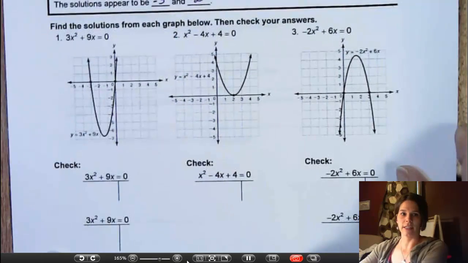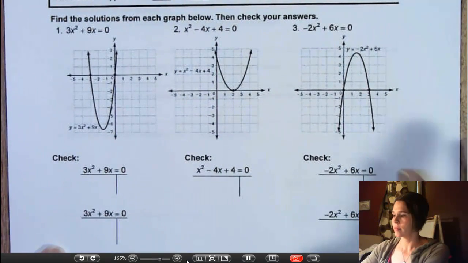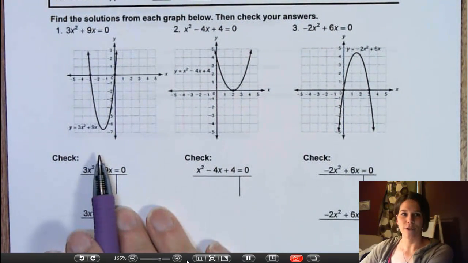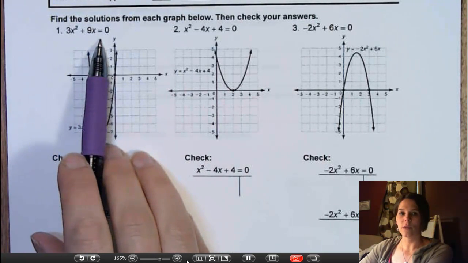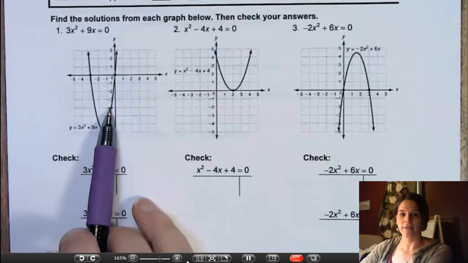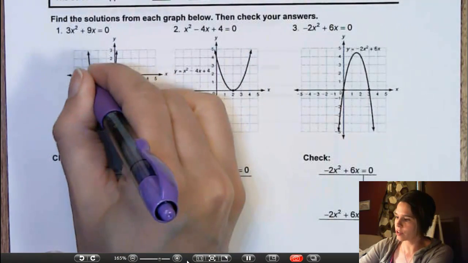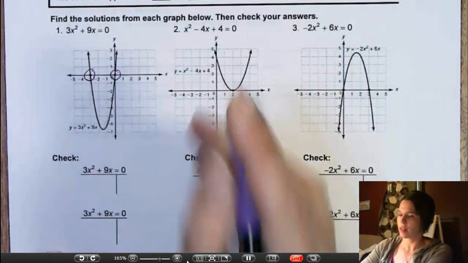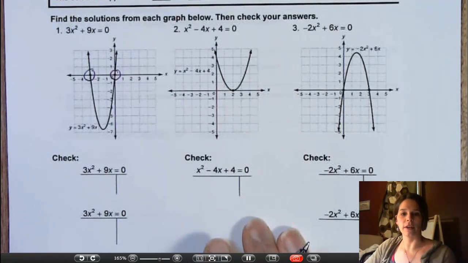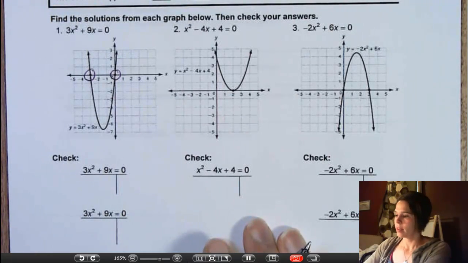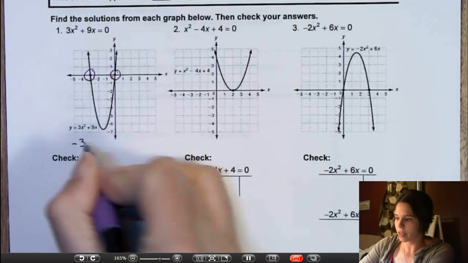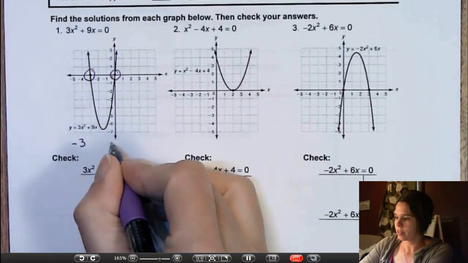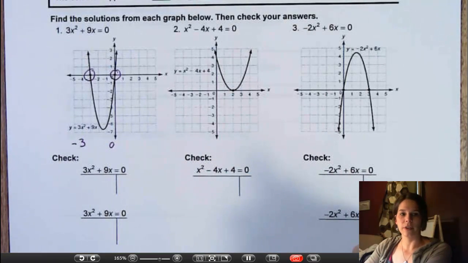Let's take a look at our examples that were given. And the graphs are already done for us. Here's my equation, 3x squared plus 9x equals 0, and it gives me the graph. Well, let's just circle what appears to be where it crosses my x-axis. It appears here at -3, and it appears this one is at 0 through the origin.